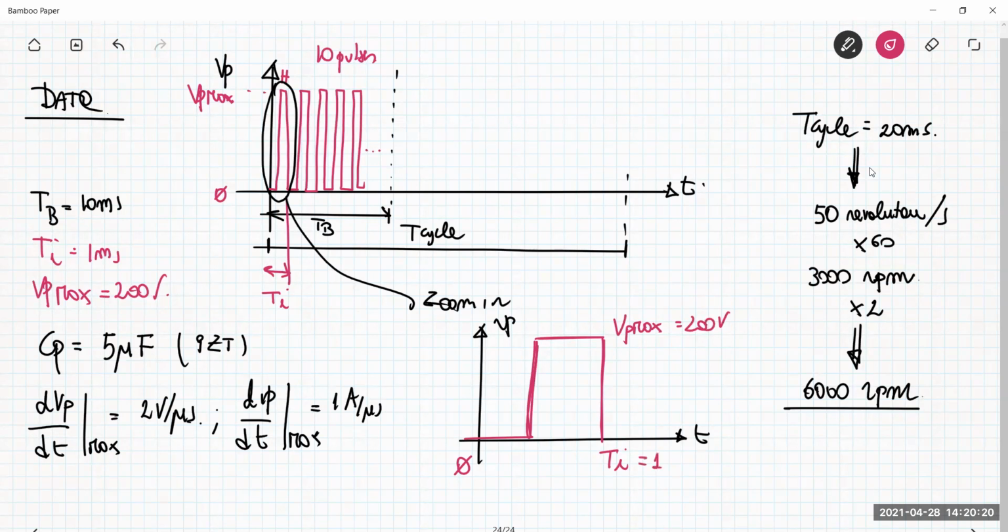TI is 1 millisecond. Then VP over T is limited, so the drawing here is not correct. You have no vertical edges, but something related to the maximum rate here. So starting from this point, tomorrow we can start designing the driver for these piezoelectric actuators, piezoelectric injectors.